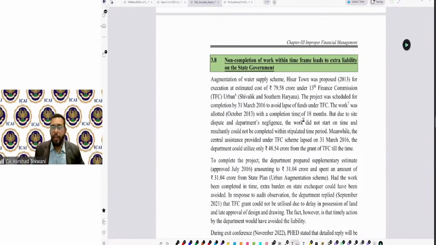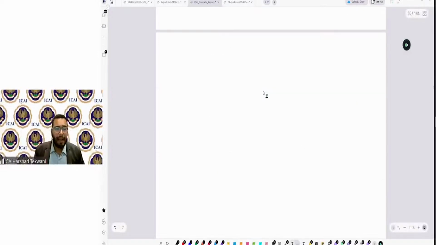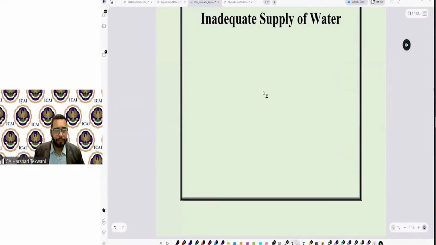So in a comprehensive audit, in certain cases, financial matters are also studied. The overall impact of a particular project is also studied to give a holistic approach, not only with respect to performance like efficiency, effectiveness and economy, but financial outflow, and also the compliance side. Whether the compliance has been met or not.